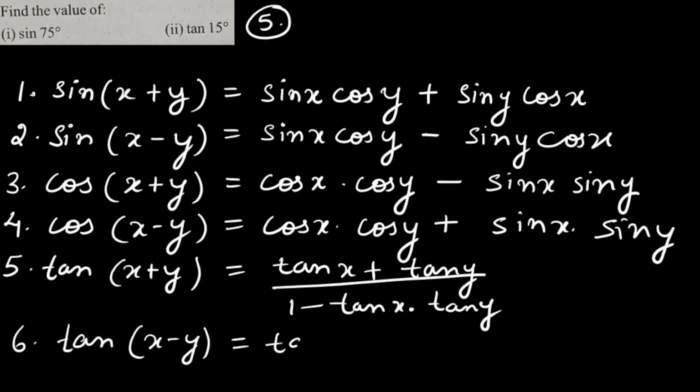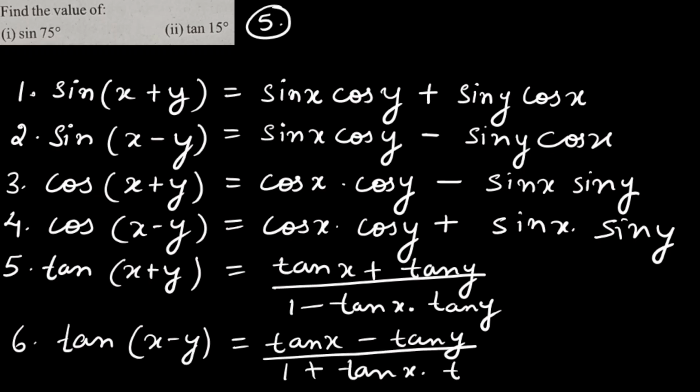This is equal to tan x minus tan y by 1 plus tan x into tan y. So x and y are angles. You can write a plus b also, so any two angles.